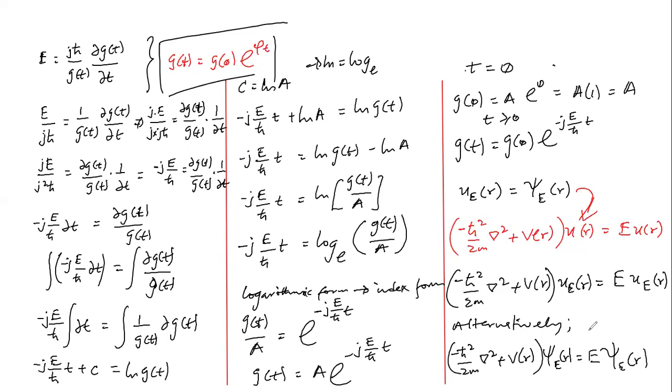Now, if this is clear, then you will recall that the probability density function is given as what? If this is the eigenstate, the probability density function of this eigenstate gives us u_E conjugate of r times u_E of r. Yes, that is the probability density function: the probability of getting a particle within that spatial range.